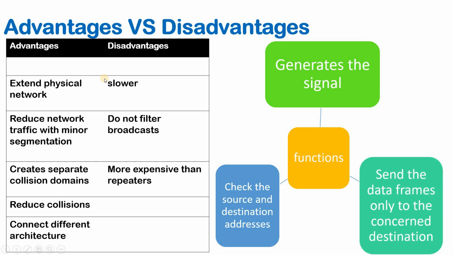But when we use a bridge, we can get a slower network, we can't filter broadcasts, and we need to pay more than when purchasing repeaters. The functions of bridges are to regenerate signals, check source and destination addresses, and send data frames only to the concerned destination.